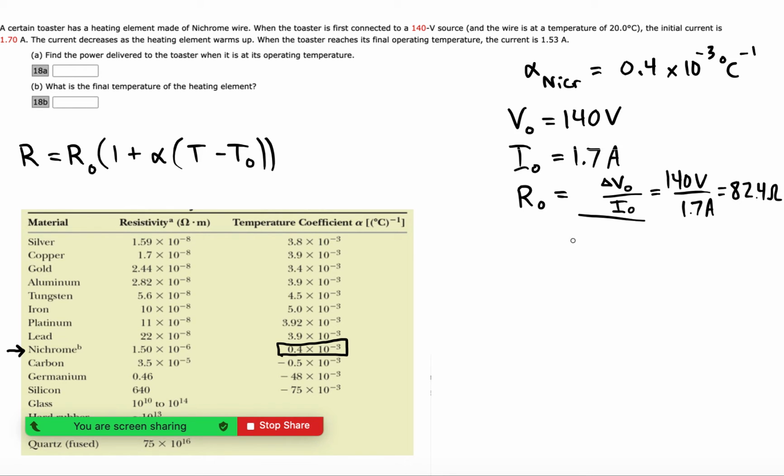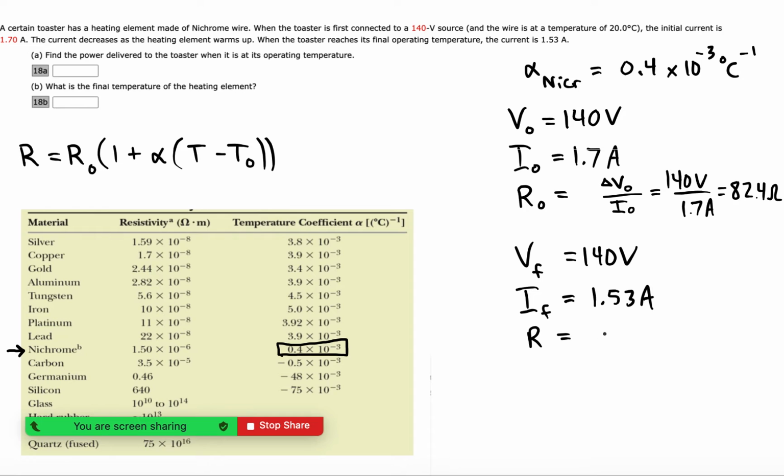Alright, next, V final is going to be the same as before. New current is given, 1.53 amps. So we'd really like to find the new resistance, if possible.